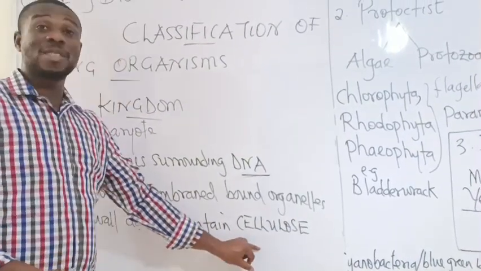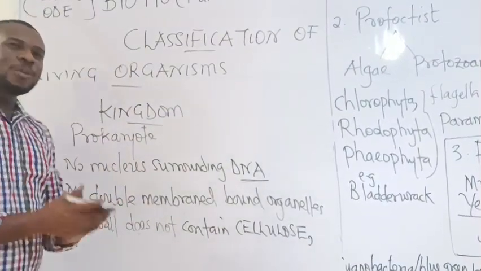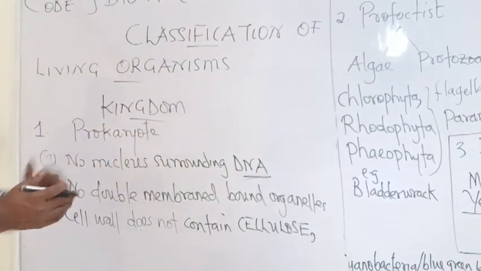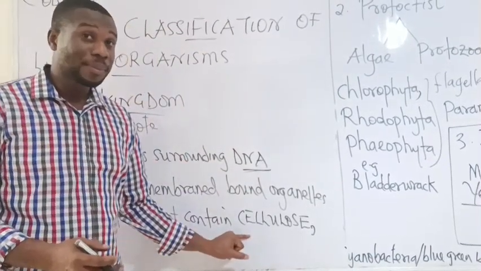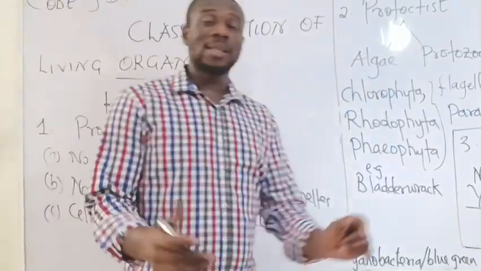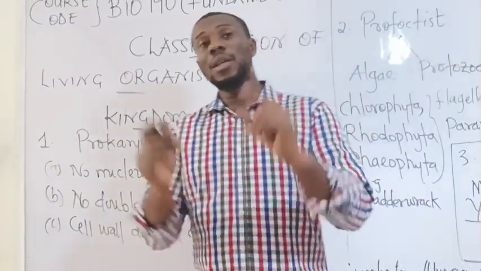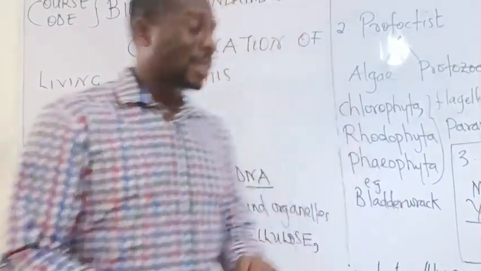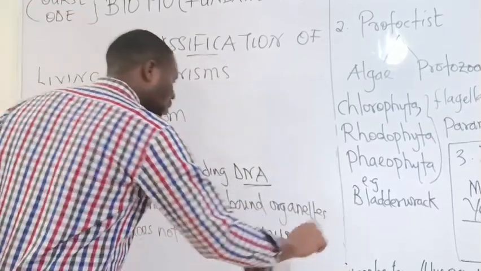However, since the cellulose is missing in a typical prokaryotic living organism, for example the bacteria, you could find a compound which is a combination of a polysaccharide and amino acid that could take the place of the cellulose. So it does not contain cellulose.